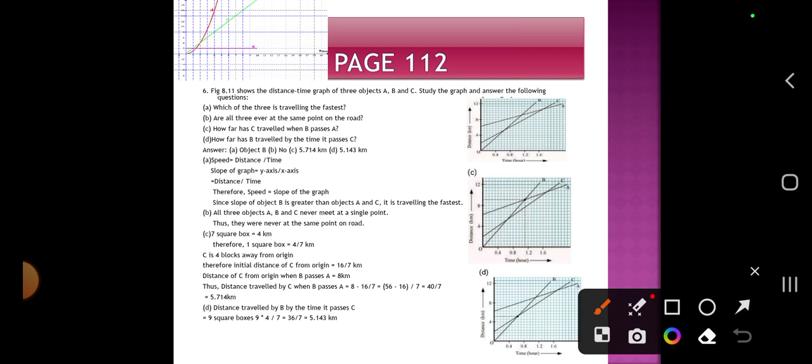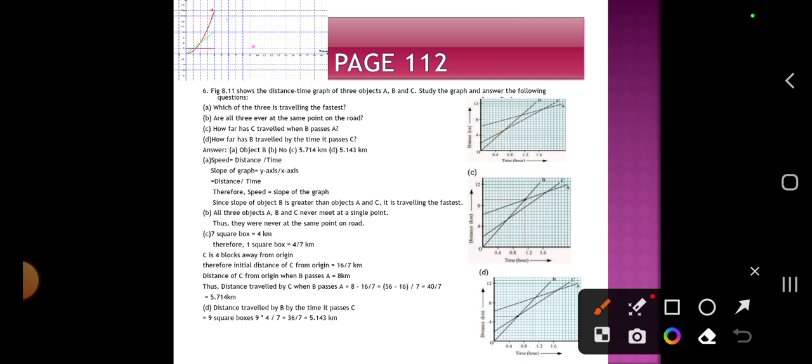So we can say the speed is distance upon time, and here, this is the y-axis, this is the x-axis, and the slope of the distance time graph is the speed. So slope of B is greater than objects A and C, so it is traveling faster. As you can see, this is a bigger slope.